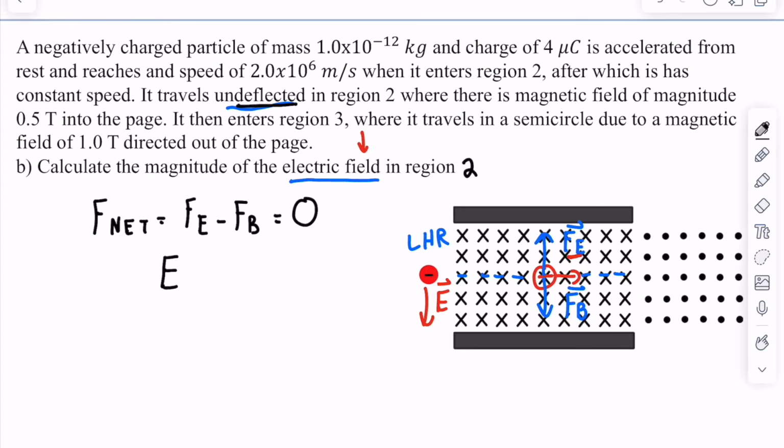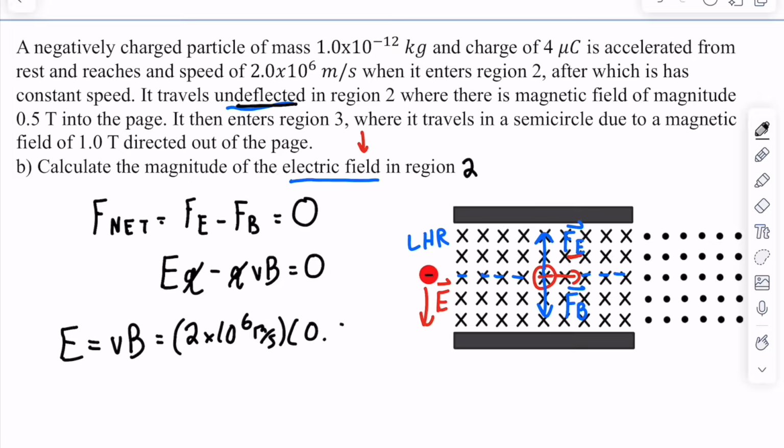So electric force is EQ, and magnetic force is QvB. The Q's cancel, and I get that the electric field strength is equal to vB. And that's going to be 1 times 10 to the 6th, or 1 million newtons per coulomb.